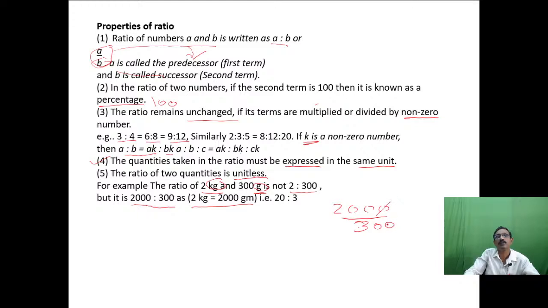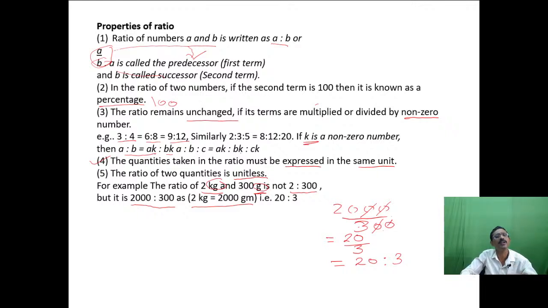This zero gets cancelled. This zero gets cancelled. What do I have? I have 20 upon 3. Now this 20 upon 3 is expressed in the same quantity, which gives me the ratio as 20:3.